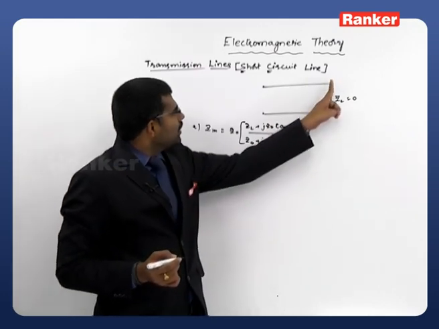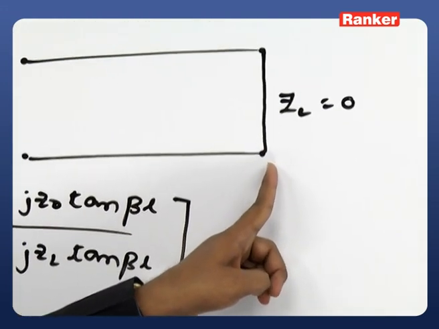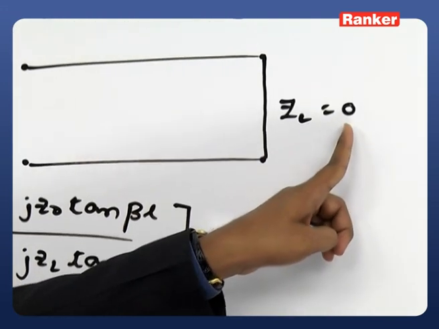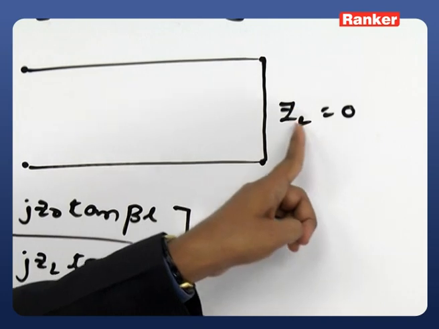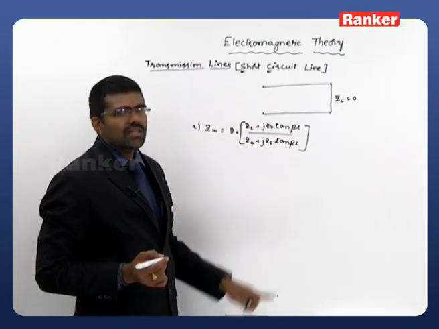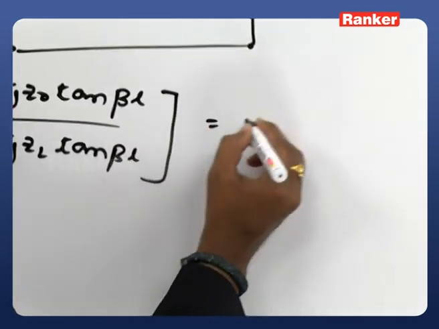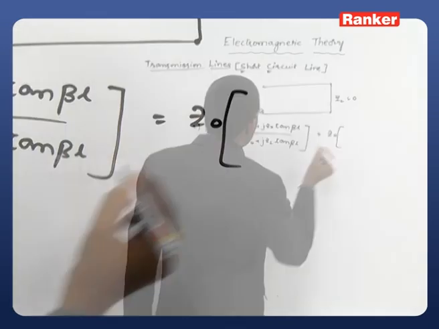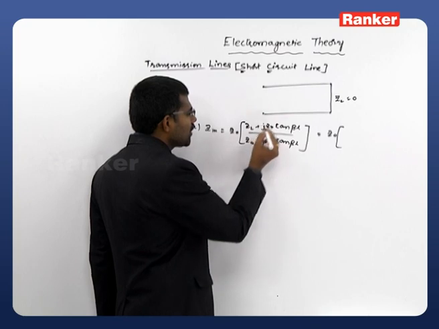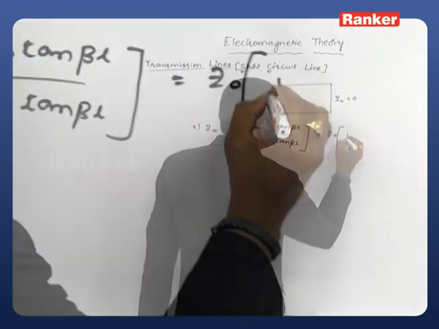Now, as I said, the output of our transmission line, that is nothing but the load, was short circuited. Whenever it is short circuited, ZL is equal to 0. Substitute ZL equals 0 here. What will you get? Simply Z0 multiplied by 0, which is 0, and Z0 will be cancelled.